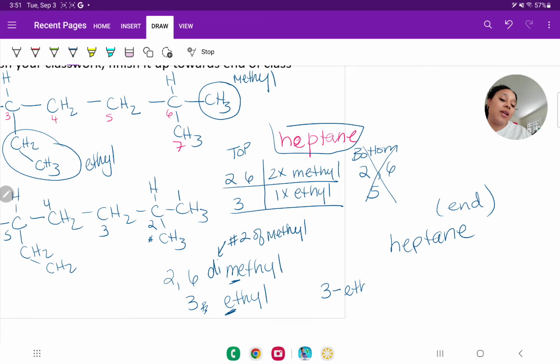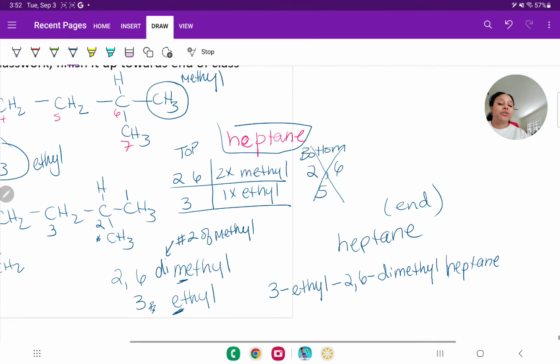So it's 3-ethyl. Now we put the methyls: 2,6-dimethyl. Ethyl before methyl, heptane. If you put the methyl first, according to the rules, that's wrong because we alphabetize them.